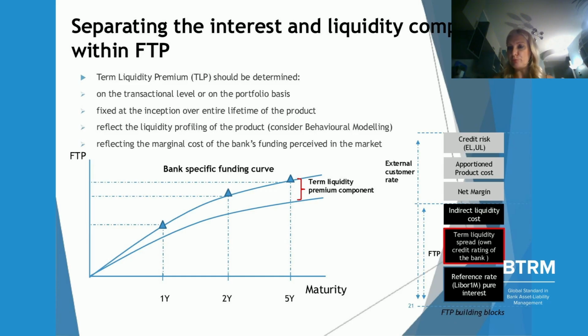Or you want to place some structural tools, which I call management overlays. The Bank of England also called them management overlays in their review of the FTP framework for banks. So this is when you are dampening or changing the shape of the FTP curve to achieve certain objectives. This is what we are calling the management overlay.